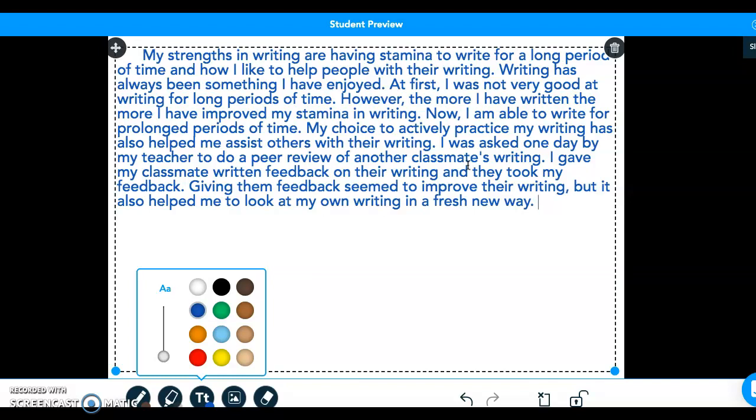Then I'm going to tie it all together about how I'm assisting others, but I'm also building stamina.